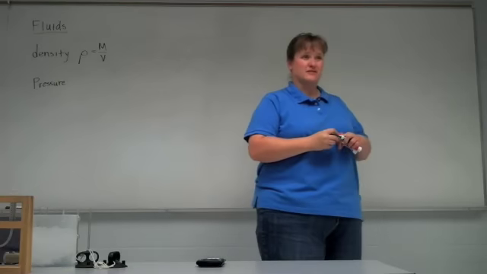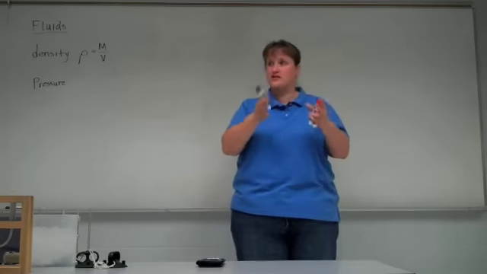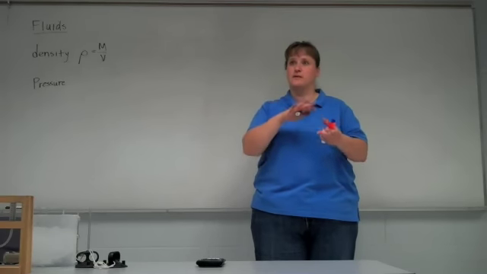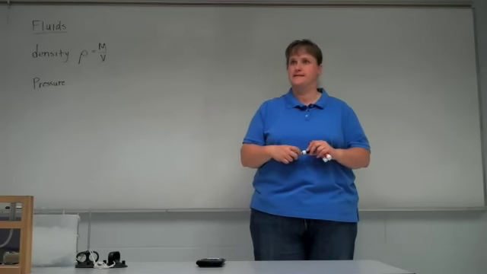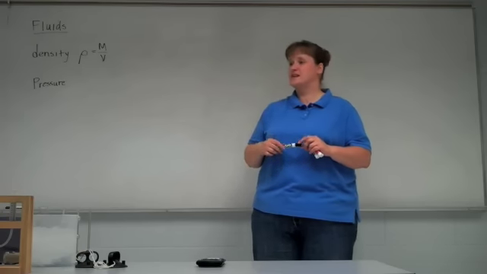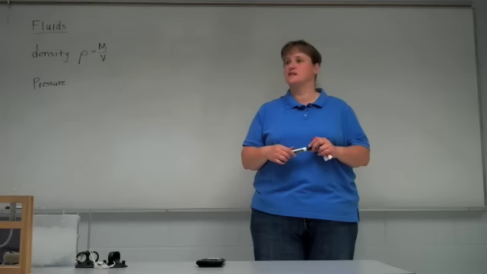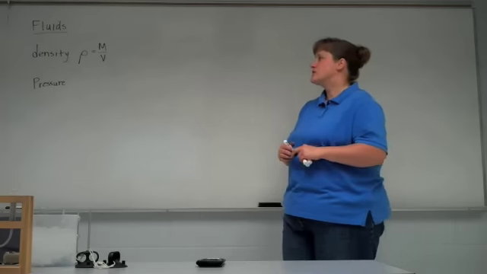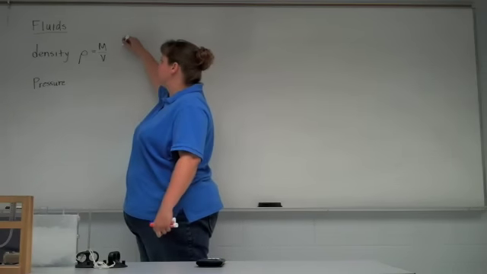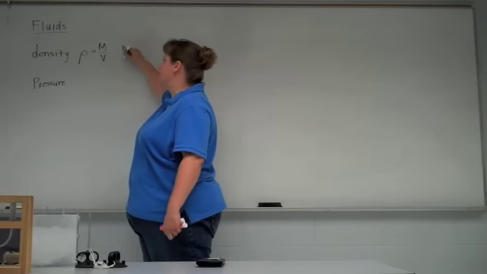So the amount of kilograms you can shove into a certain volumetric space. The more mass you have in a smaller volume, the greater the density is. So the SI units that we're going to use for density will be kilograms per meters cubed.